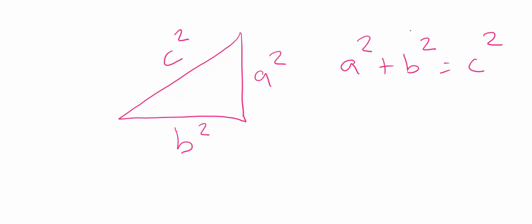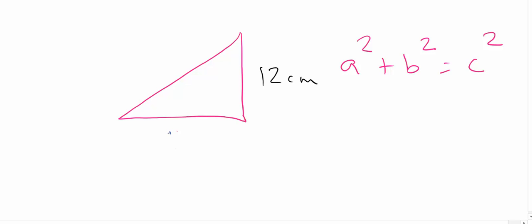If we were going to put some values in here, we could state our altitude as 12 centimeters, and our base as 15 centimeters. Now we have to solve for C. So what is C going to be?